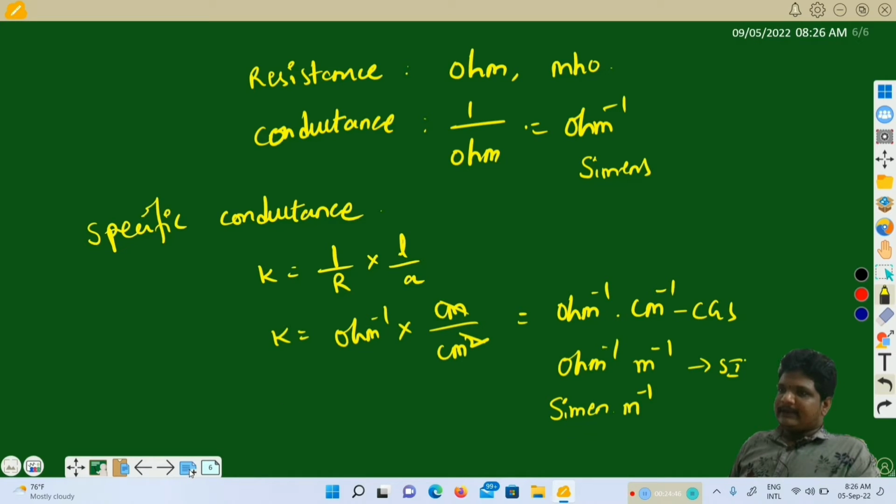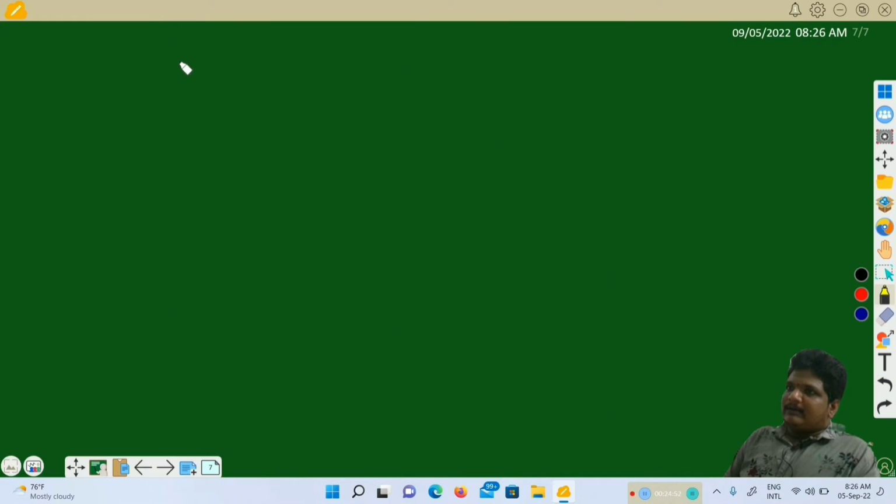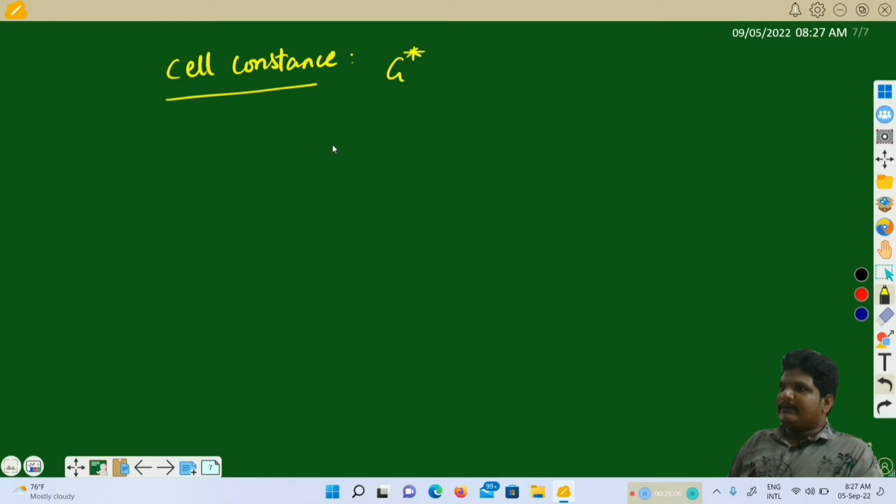So this is about the conductance and specific conductance. Another term is the cell constant. What is this cell constant? It can be denoted with the letter G star, where G star is equal to L by A. It is the ratio of the length of the electrode and the area of cross section.